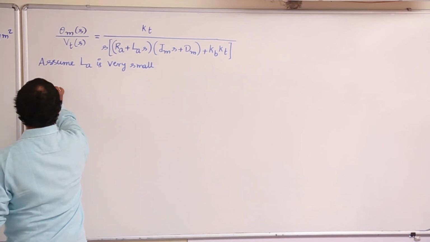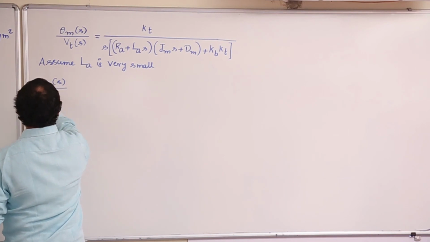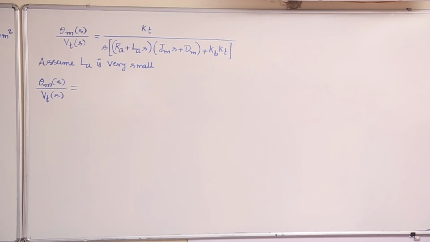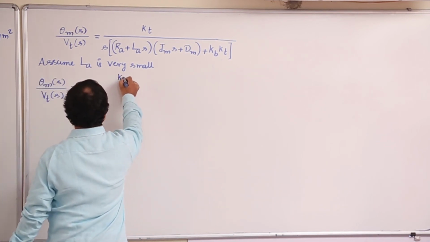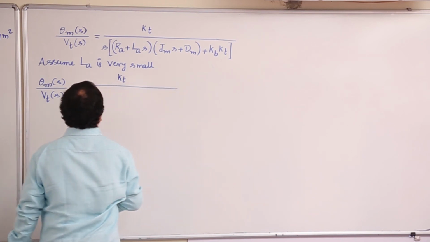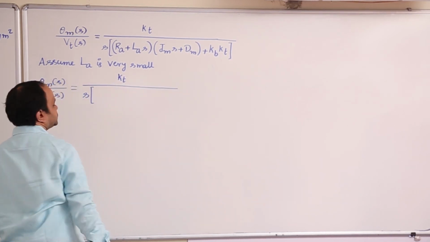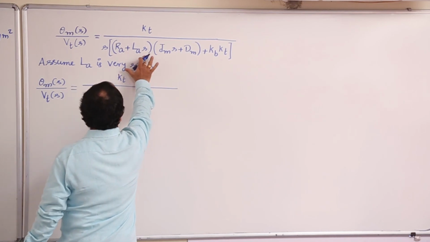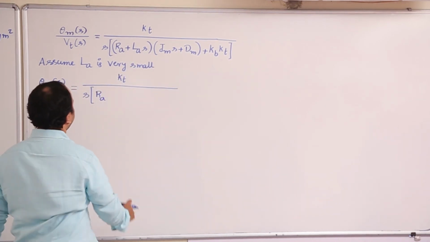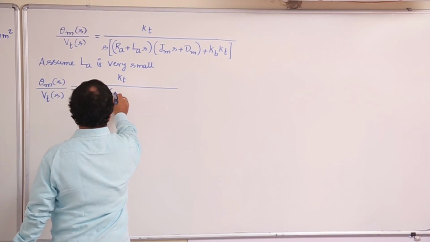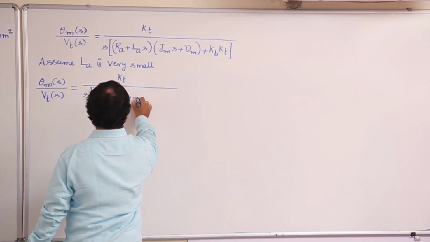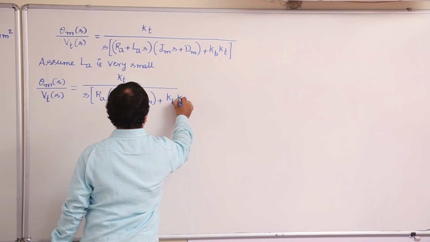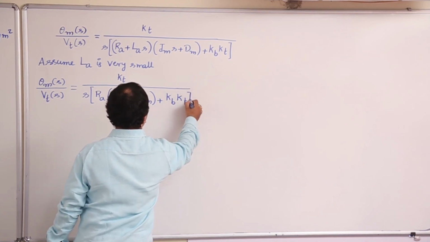Therefore, we can rewrite this equation as theta m of S divided by Vt of S is equal to Kt by S multiplied with Ra, La into S is neglected, so multiplied with Jm into S plus Dm plus Kb Kt.